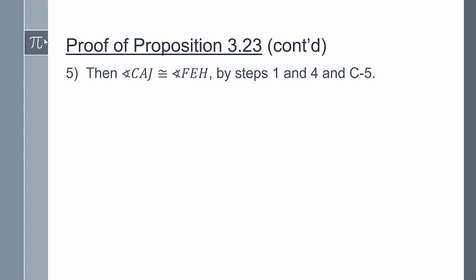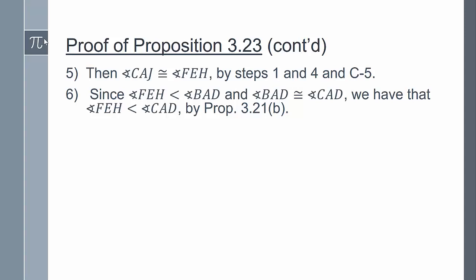And for step 5, we can say that angle CAJ is congruent to angle FEH by steps 1 and 4 and by Congruence Axiom 5. This is because angle FEH is congruent to angle GEH.